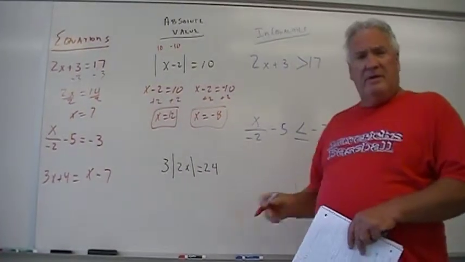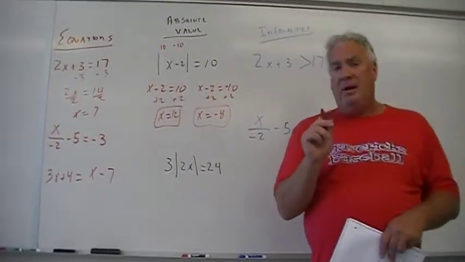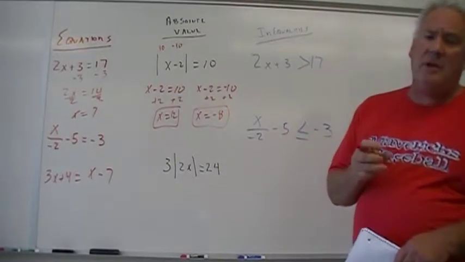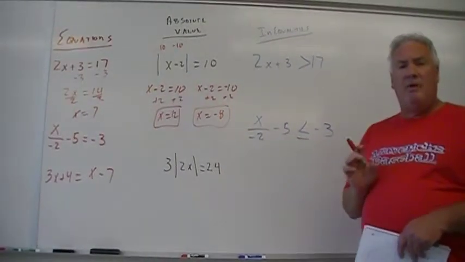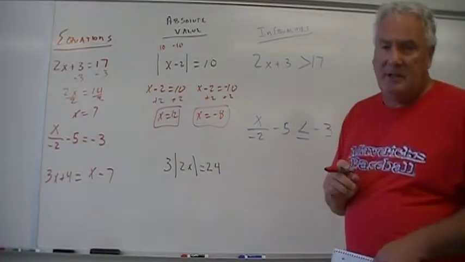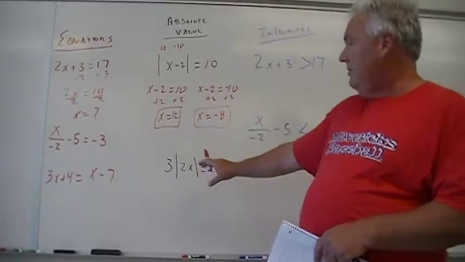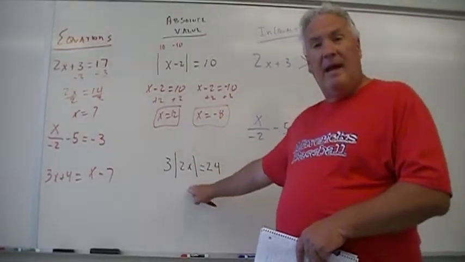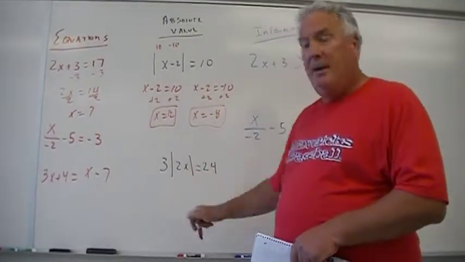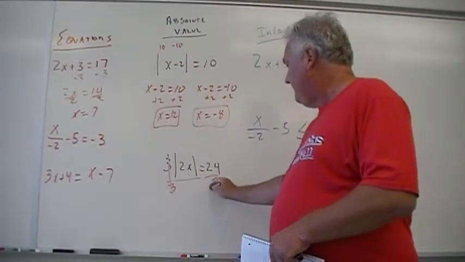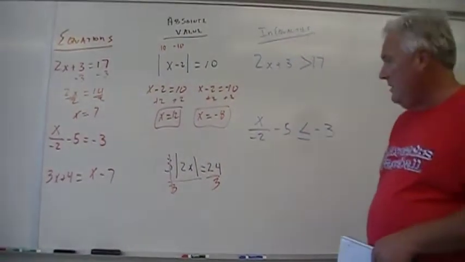You're going to kind of do the same thing here, but here's another thing you might want to put in your notes. And if I haven't said it yet, maybe you should, when you're watching this, have a little bit of a notebook. I might even start setting up some guided notes for you. We'll see. But you could start taking some notes down. The key is to get the absolute value of the bars by itself. So you've got to divide both sides by 3 first.